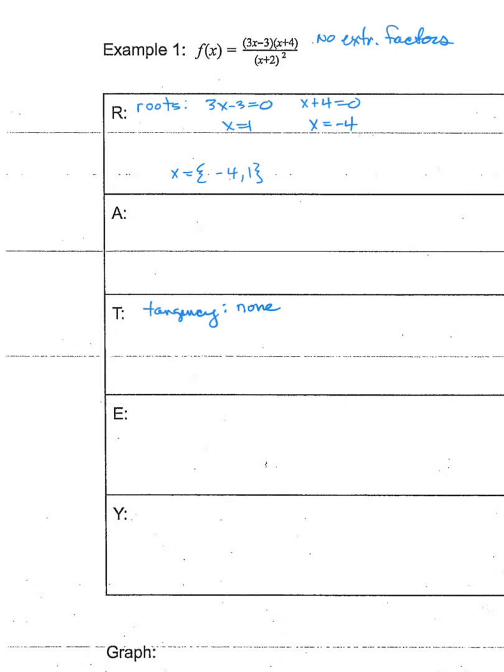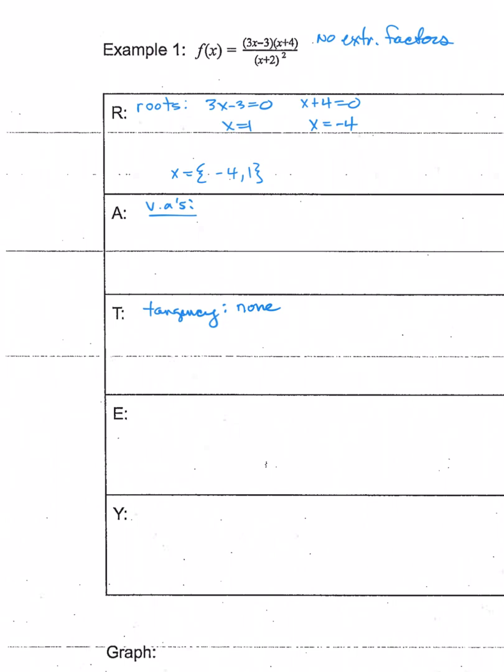She's awesome. All right, so it's going to go through in both of those places, isn't it? They're up or down. All right, so let's move on to the next one. A. What are we checking for in A? Vertical asymptotes. So what are we going to do for vertical asymptotes?